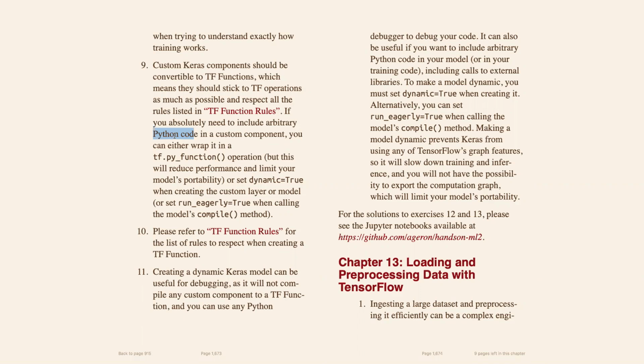Yeah, and I think I refer back to your earlier question when you said, what if we inherit a class? I think if you inherit from the TF class, then you should be fine. It's only the arbitrary Python code where you are not inheriting, like say Huber loss.